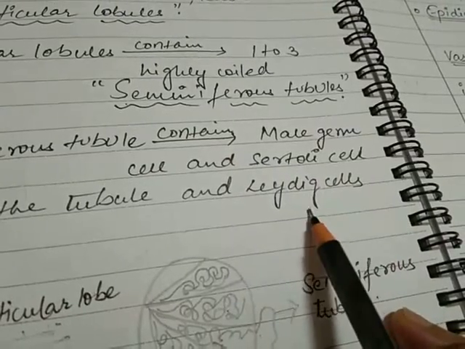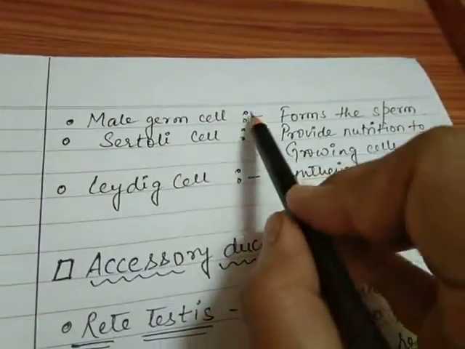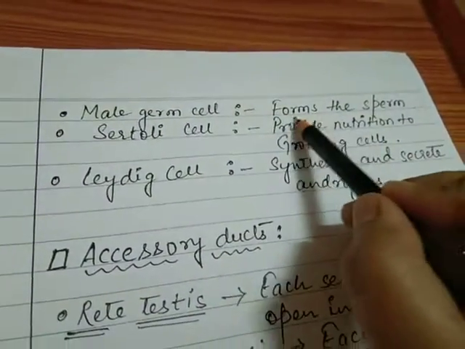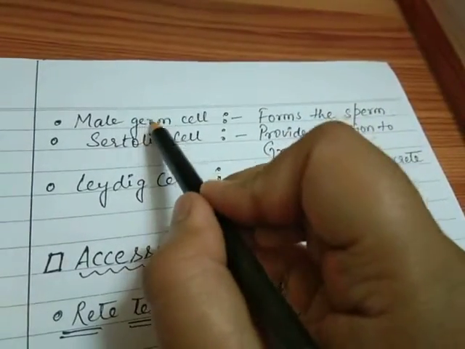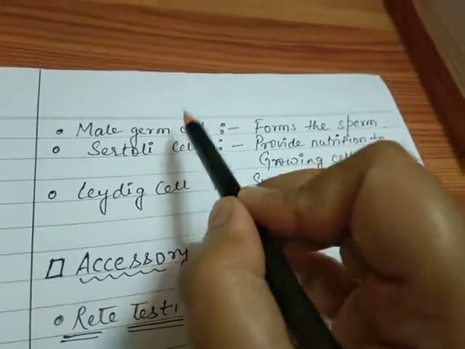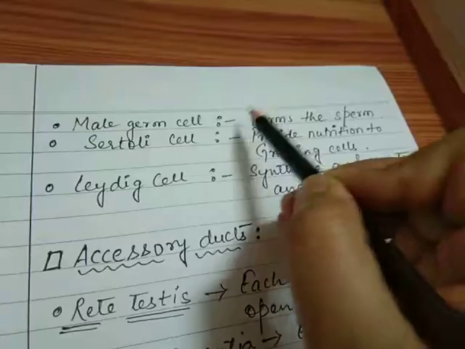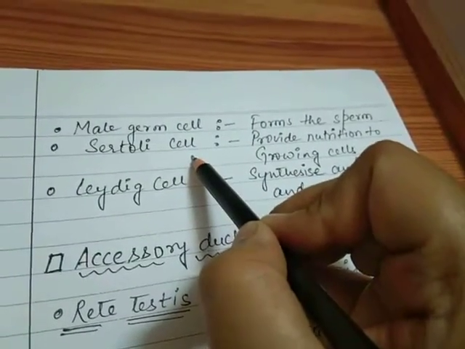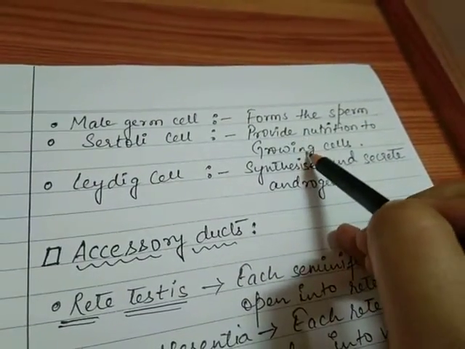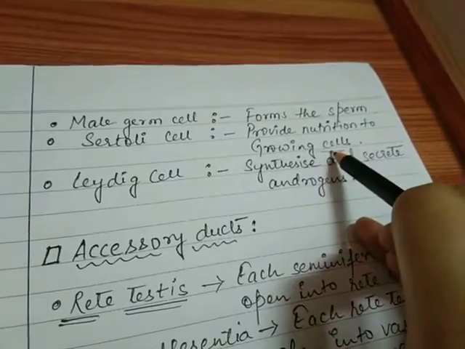Now let's first see what is the function of these three cells. The main function of the male germ cell is formation of the sperm. So actually these male germ cells are responsible for the production of sperms in the testes. Next comes the Sertoli cells. These Sertoli cells provide nutrition to the growing cells. Here cells refers to the sperm cell.